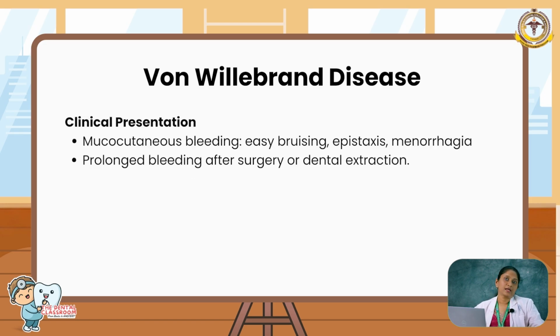Clinically, whether it is type 1, 2 or 3, the patient will present in a similar pattern with mucocutaneous bleeding, which presents as easy bruisability, epistaxis and menorrhagia. The patients can also have prolonged bleeding after dental extraction or after any surgeries.